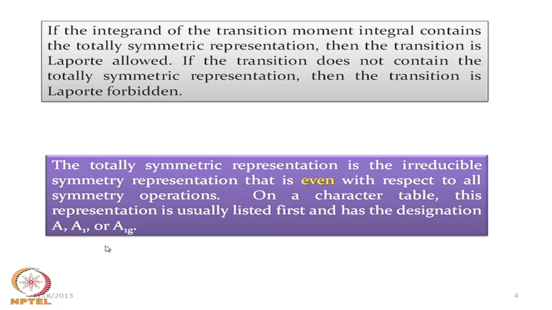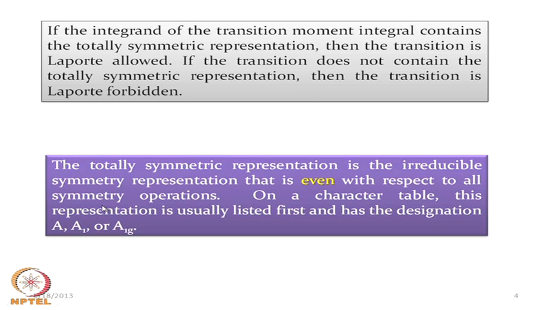That means we can get the symmetry representations from the character table of the corresponding symmetry group. In this particular case, if the metal complex we are considering is of Oh symmetry, then we perform some of the symmetry operations, and with respect to these operations, the irreducible representation should be even.